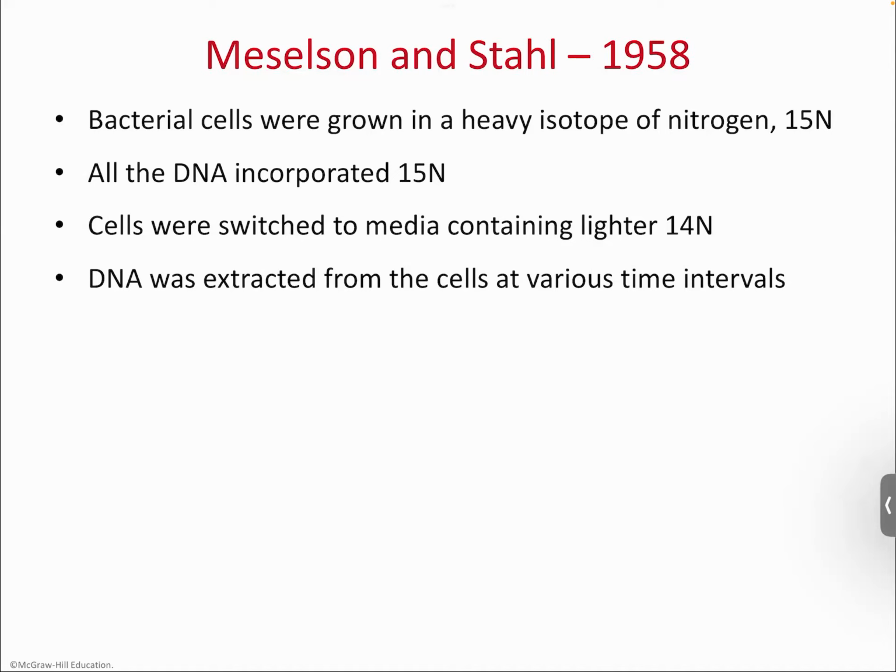Well, what they did was something rather clever. They took bacteria, because that's what they worked with. It was a simple system and we knew it well. And they basically gave bacteria an isotope of nitrogen, where nitrogen's normal mass is 14. And so they gave bacteria heavy nitrogen.